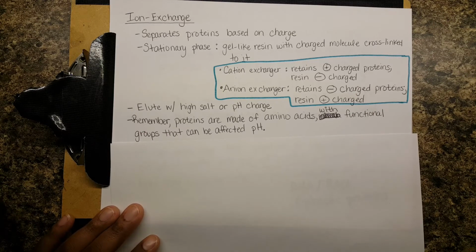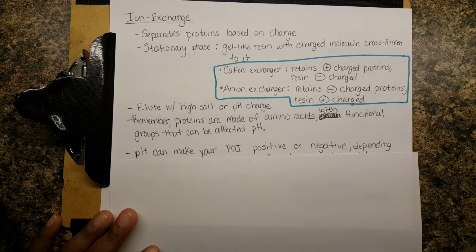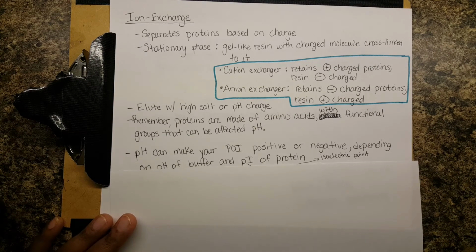POI. And you have to remember that proteins are made of amino acids, and those amino acids have functional groups that can be affected by pH. So when you're making your buffer, you have to take into account that the pH of your buffer can make your POI positively charged or negatively charged.